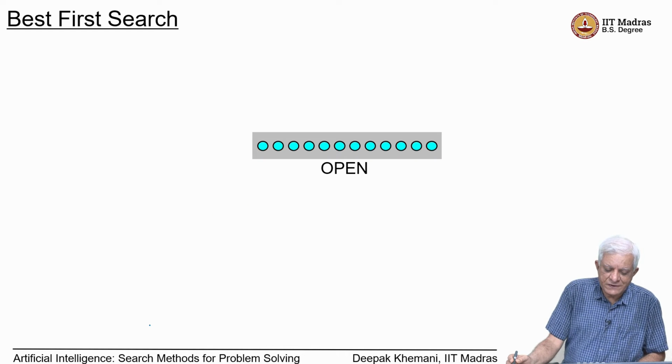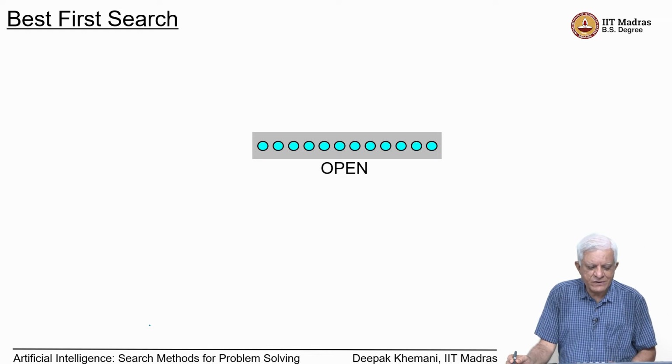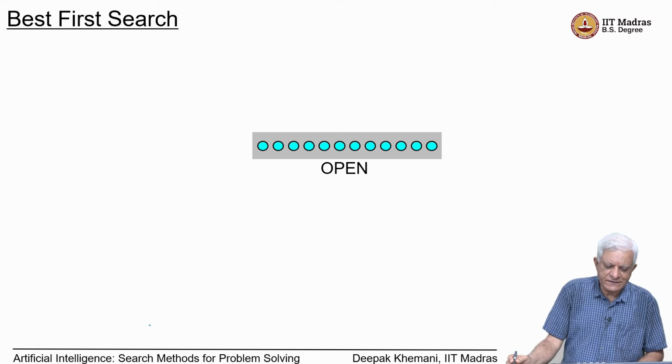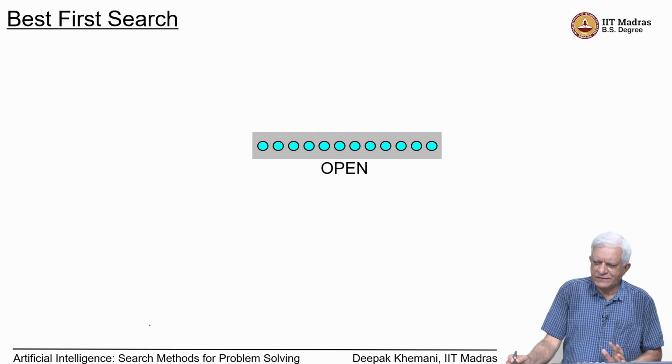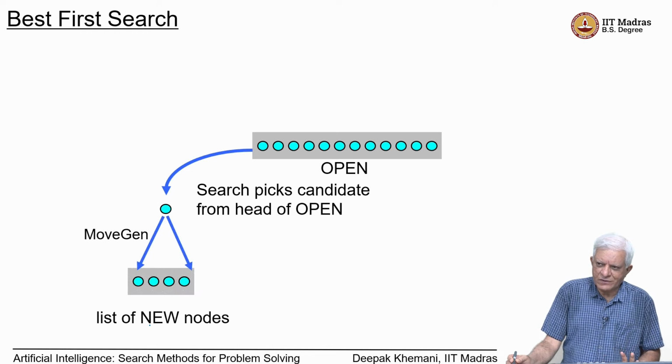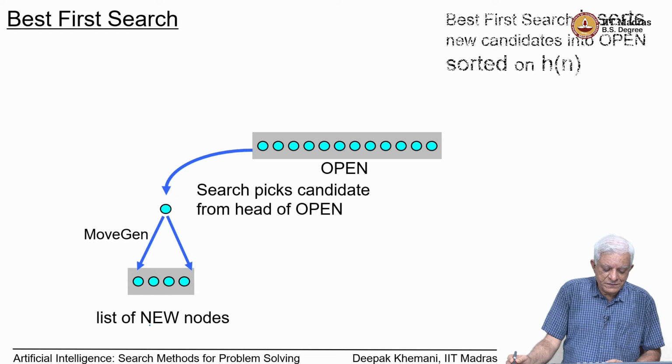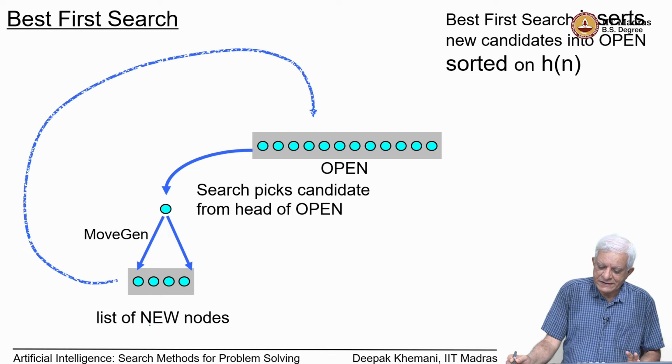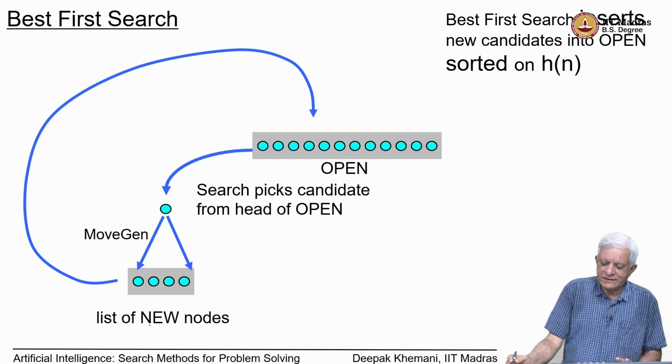So, if we have such a heuristic function, how will we modify our search algorithm? We will call this algorithm best first search. So, instead of depth first or breadth first, you are saying that look, open the best node on open next. How do we implement that? As before, we pick the node from head of open. As before, we test for goal, and if it is not the goal, we generate the new nodes. But now the new nodes are inserted into open, which we can assume is sorted on the heuristic value.